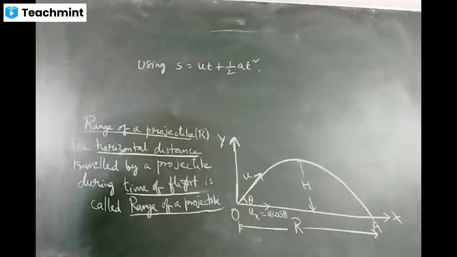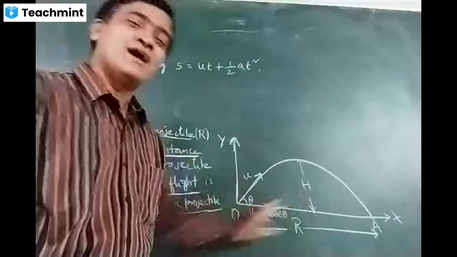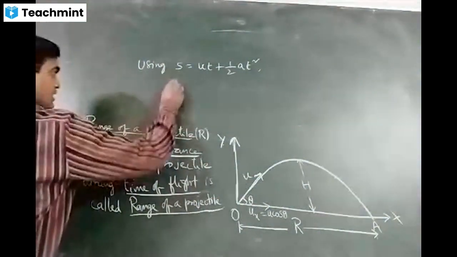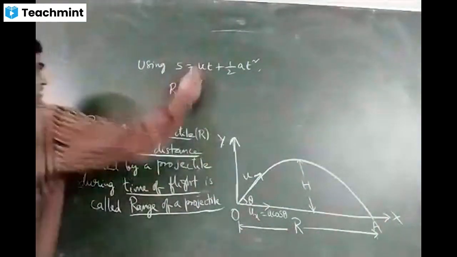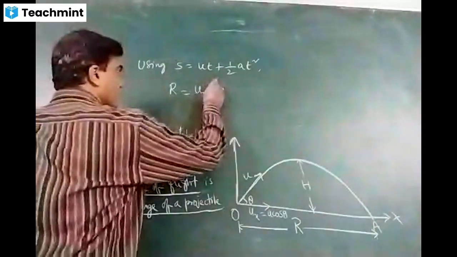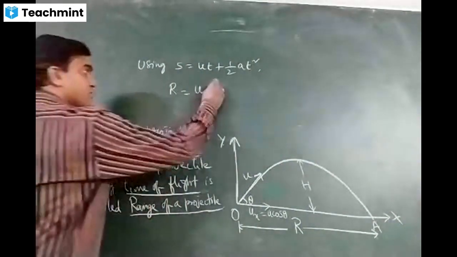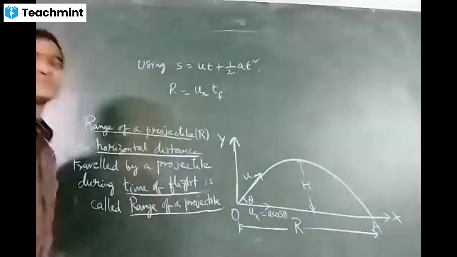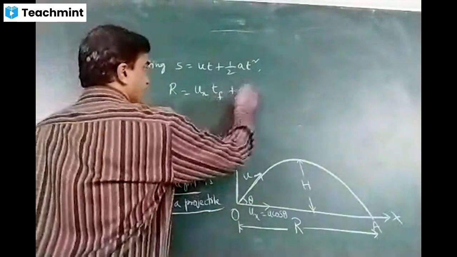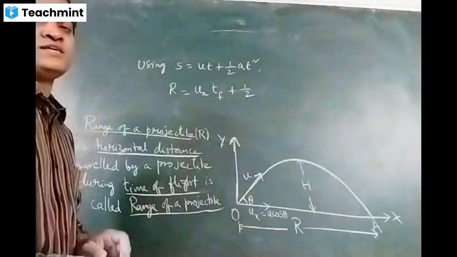R, horizontal distance. R is equal to, in place of U, let me write Ux, into what is this time? Time of flight, so let me write Tf, plus half into minus g into T square.